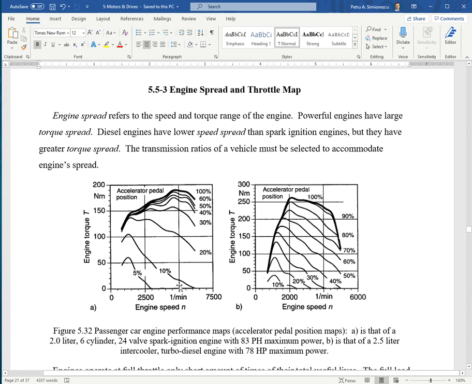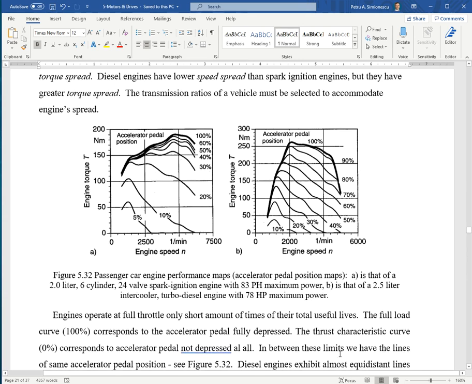And if you're at only 30% throttle, of course the maximum torque will be different. And we also have different appearance. For the gasoline engine, the higher throttle curves appear to be concentrated, versus being equally spaced for this diesel engine. So different appearances.